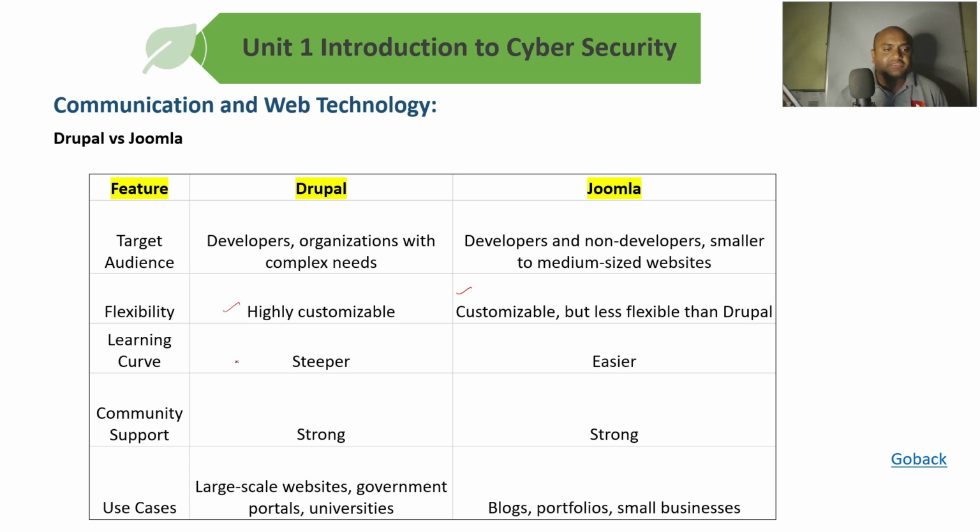The learning curve is steeper for Drupal and easier for Joomla. Community support is strong for both. Use cases for Drupal are large scale websites, government websites, and universities. Joomla is suitable for blogs, portfolios, and small businesses only. So that is about Joomla versus Drupal.